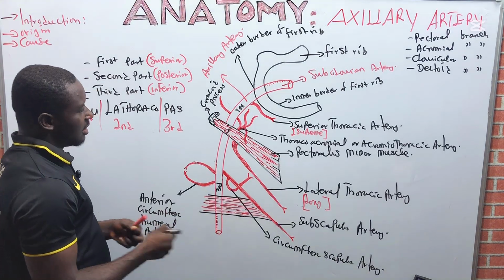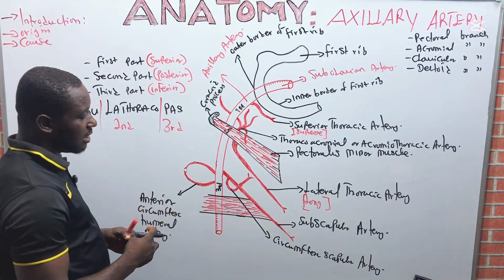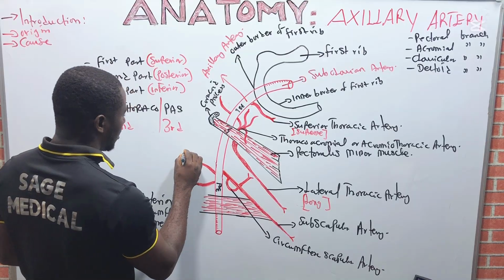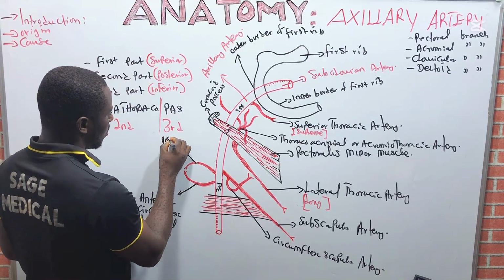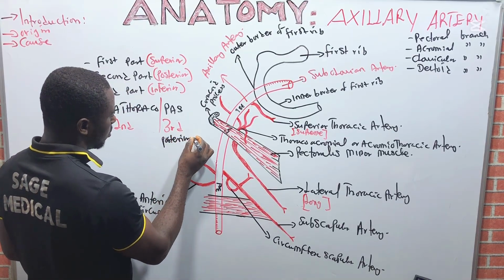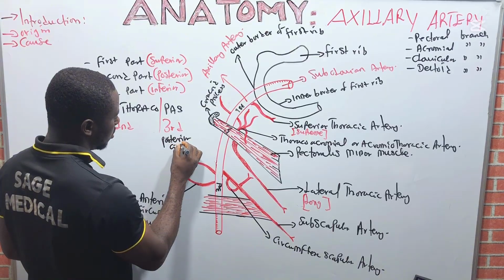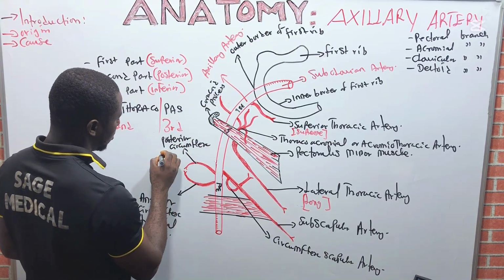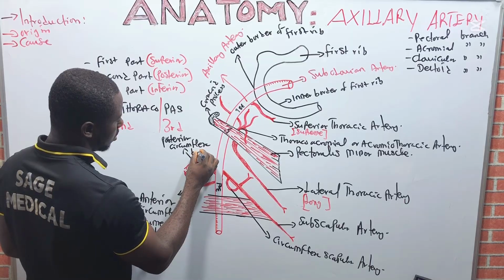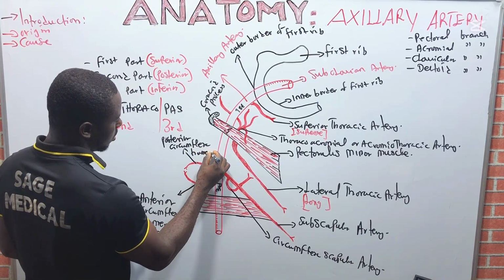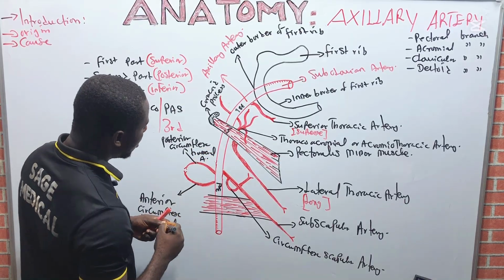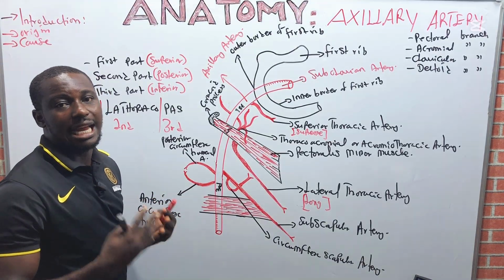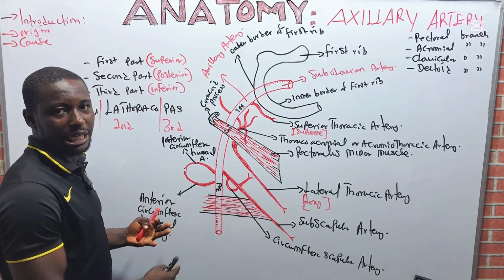The next branch from the third part is the posterior circumflex humeral artery. Look at it here. The posterior circumflex humeral artery is actually larger than the anterior circumflex humeral artery.